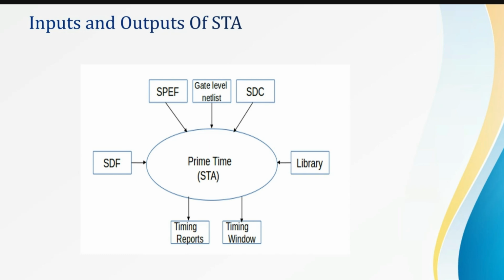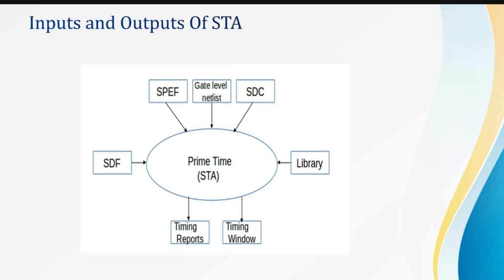In some companies, like ours, we generate the SPEF in the flow itself. So the PD guys will generate the SPEF, the front end guys will give the netlist, the SDC is also given by the synthesis, the library is given from the technology team, and the LEF and the DEF are generated from the PD.